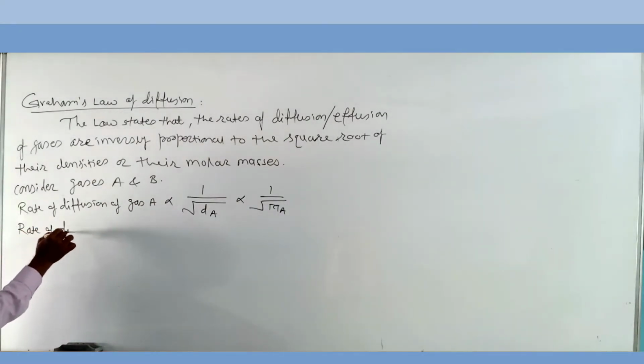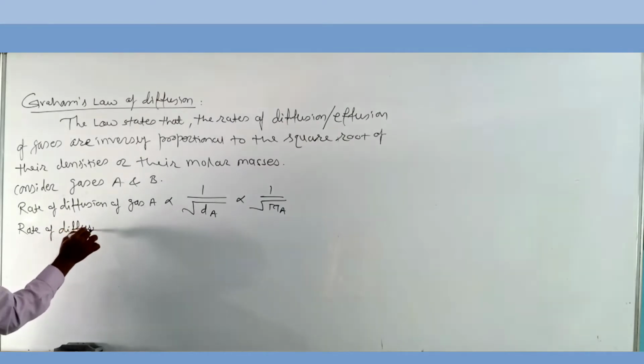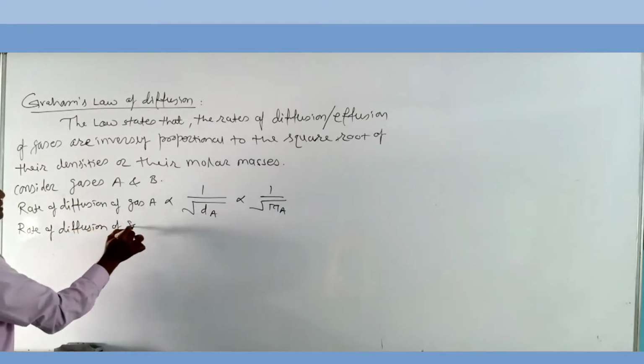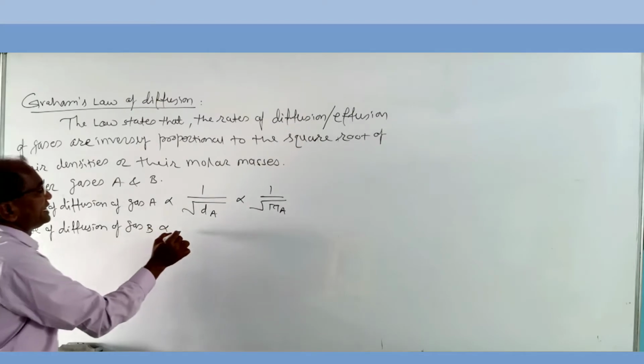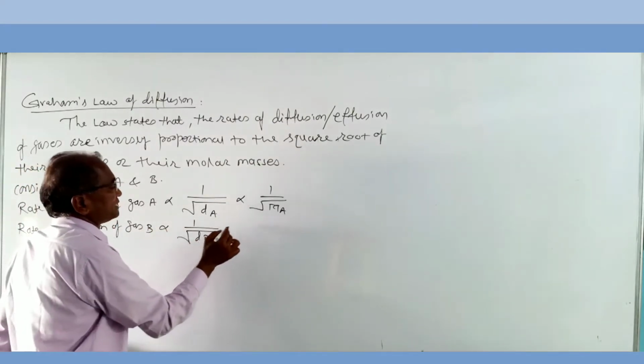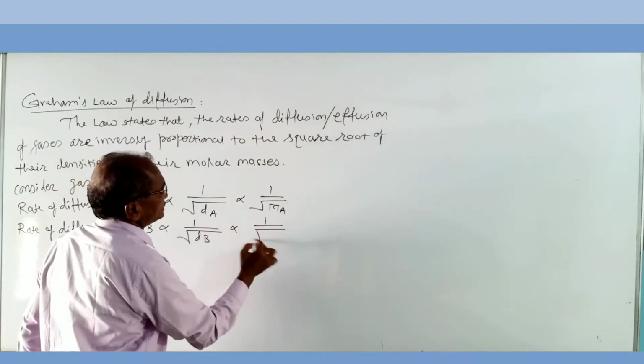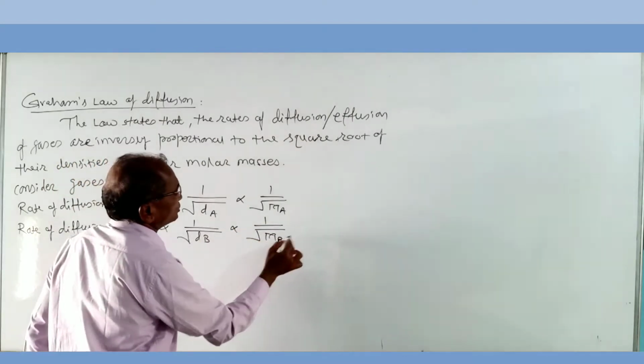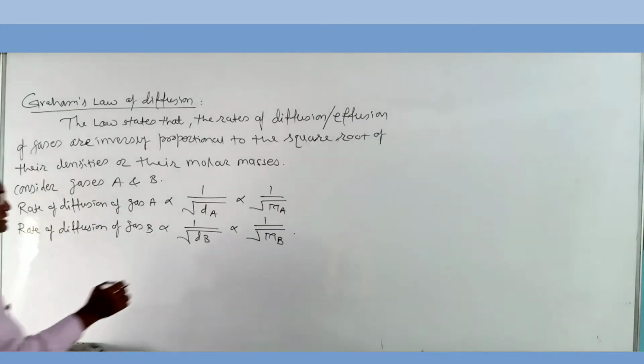Similarly, rate of diffusion of gas B is inversely proportional to the square root of its density or its molar mass.